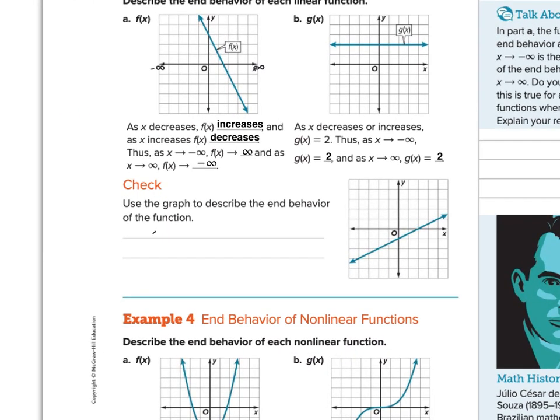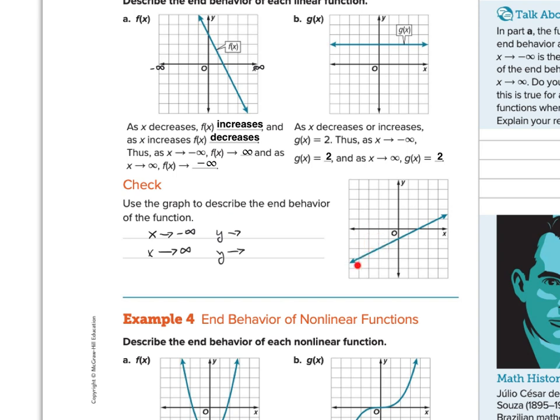So in this, as x approaches negative infinity, as x approaches positive infinity, what is going on? Y approaches. As we are going this direction, as x approaches negative infinity, y is decreasing.